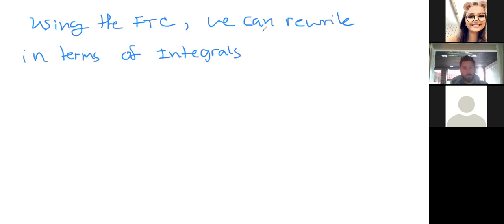If you're trying to connect some dots here, I told you on homework 3 we often write functions as integrals, and here's a prime example of that. s of t is always equal to s of 0 plus the integral of velocity.